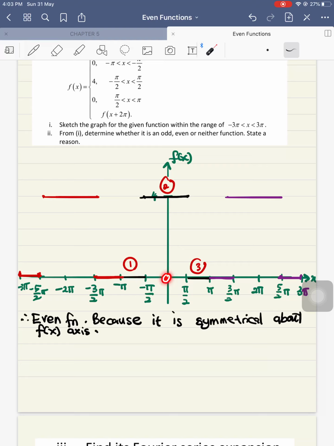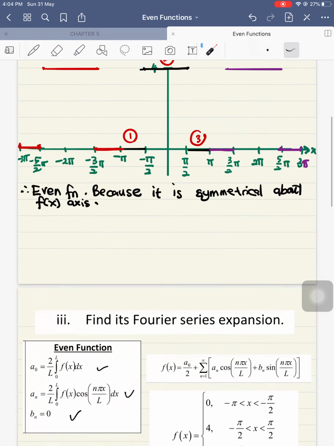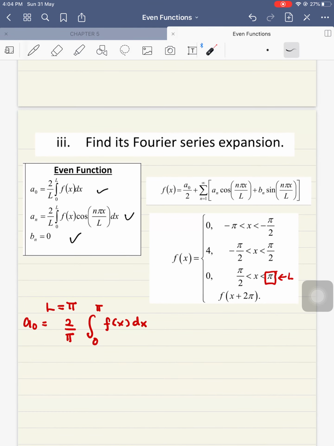Remember we are going to integrate from 0 until L. So which function is included in x equals 0? The second function. And as you can see, for the second function, the lower limit is negative pi over 2, the upper limit is pi over 2.